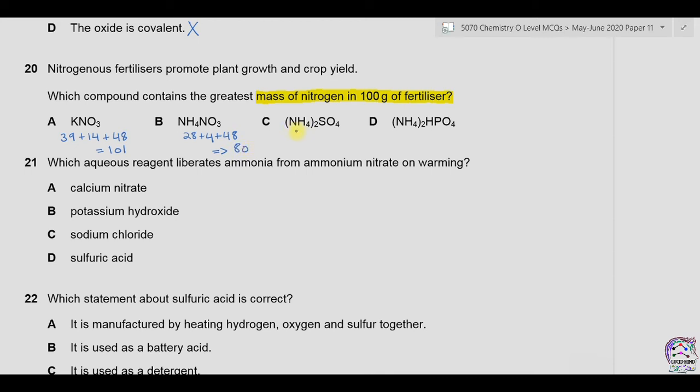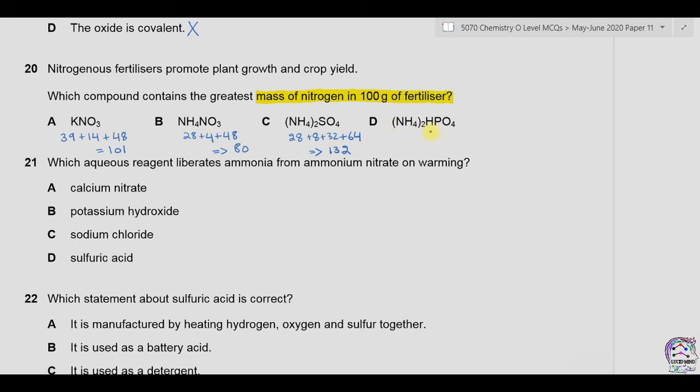For C we have 2 nitrogen atoms, so therefore it will be 14 into 2, 28 for nitrogens, 8 hydrogen atoms. For sulfur it is 32, and there are 4 oxygen atoms, so it will be 64 for oxygen. Now the total mass is 132.